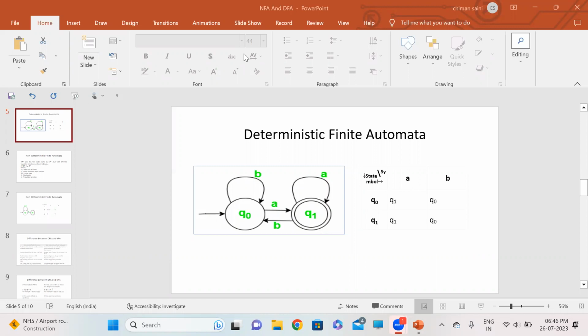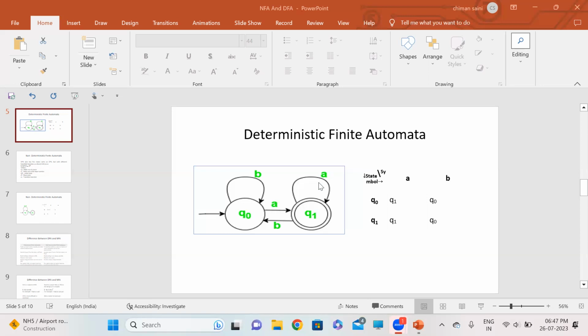But in the case of non-deterministic, at any state, after applying a single input, we can move to multiple states. We can't determine it in non-deterministic finite automata, but in deterministic finite automata, after applying an input symbol in any state, we move to a single state. That is why it is called deterministic, because we can determine it.